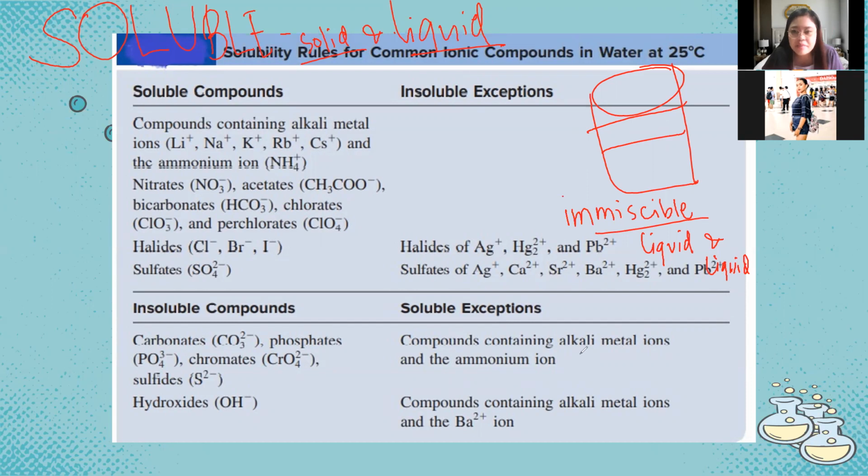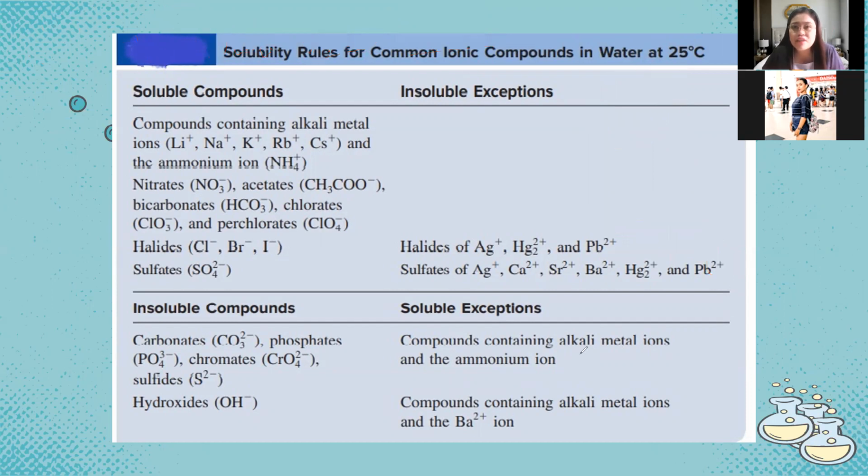Now again, in chemistry, we have this set of rules na ginagamit natin to predict whether a chemical substance can be dissolved in water or not, especially if the temperature is 25 degrees Celsius. So ito yung mga soluble compounds natin, class. Kapag meron siyang alkali metals, remember the alkali metals are those metals that belong to group 1A in the periodic table.